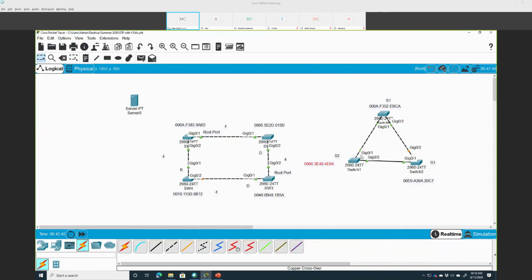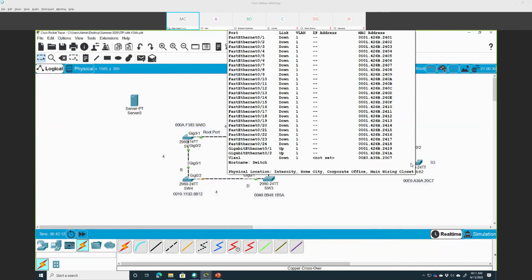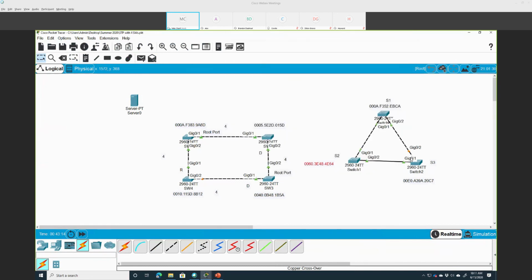So really, you can dictate which switch you want to be the root bridge. I can make this one or this one, doesn't matter. I can make it the backup designated port, just in case, like these over here.